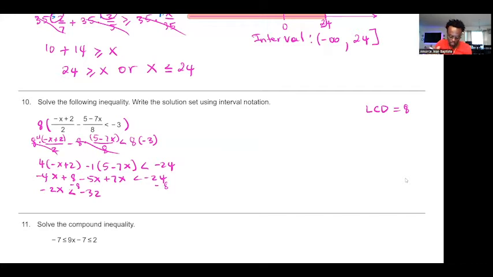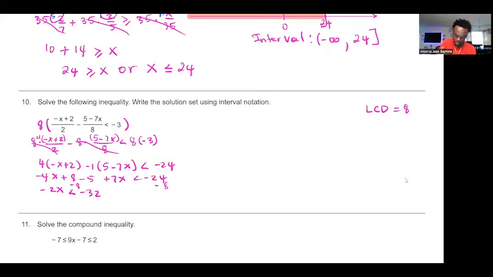So let's recap very quickly. We subtracted 8. Oh, that's negative 5.